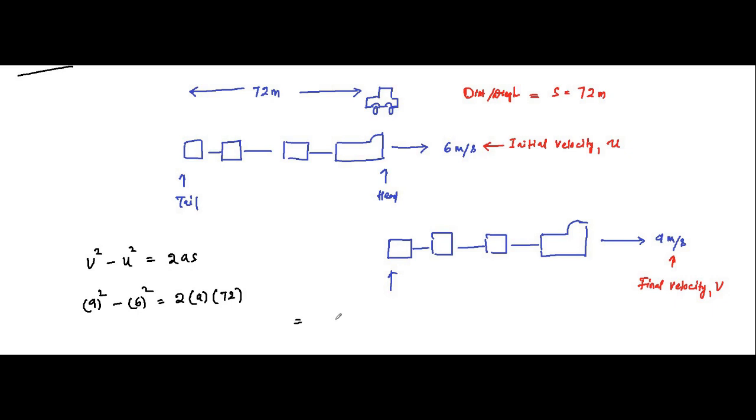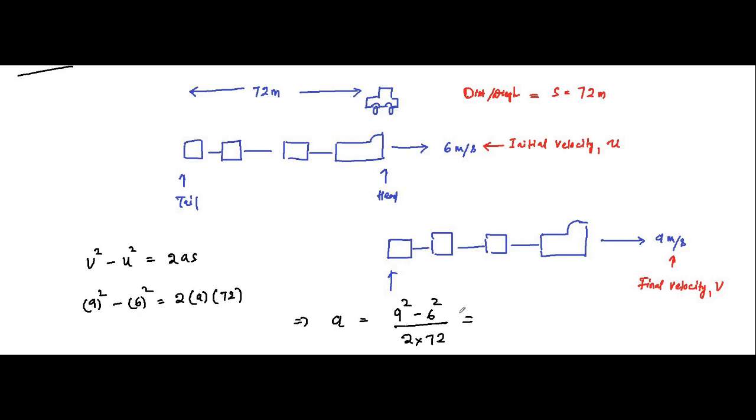So that implies a is equal to 9 square minus 6 square by 2 into 72, and that is equal to 81 minus 36 by 2 into 72, which is equal to 45 by 2 into 72.